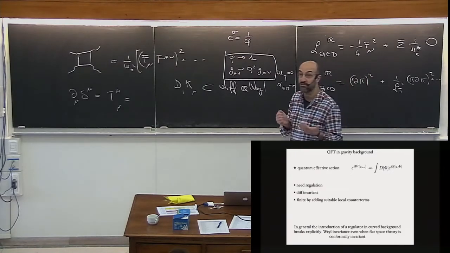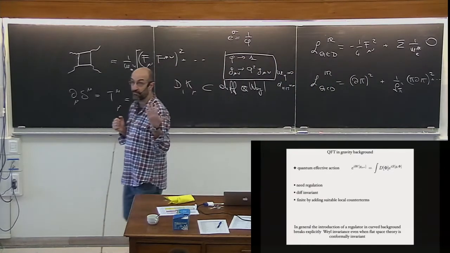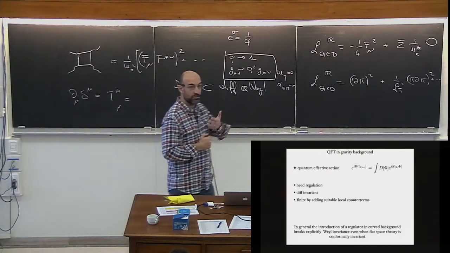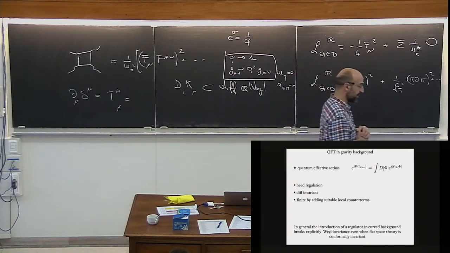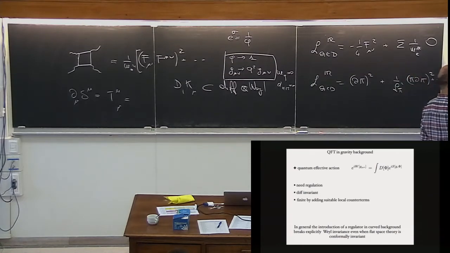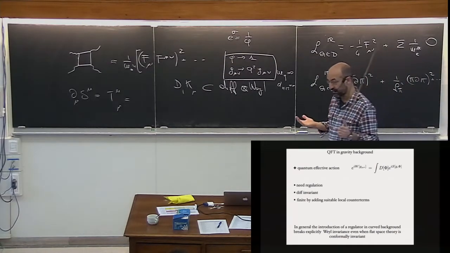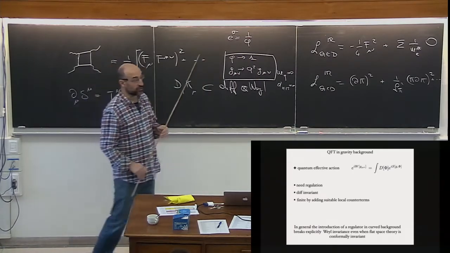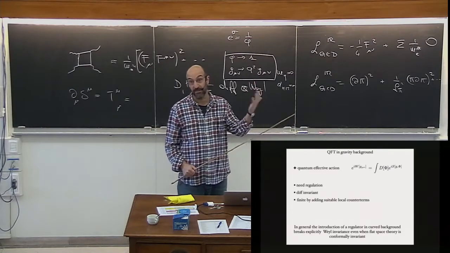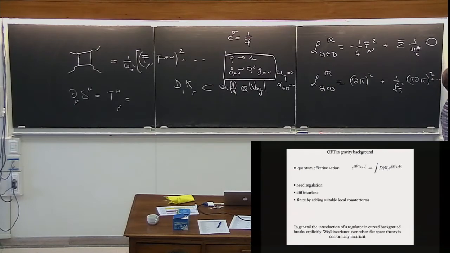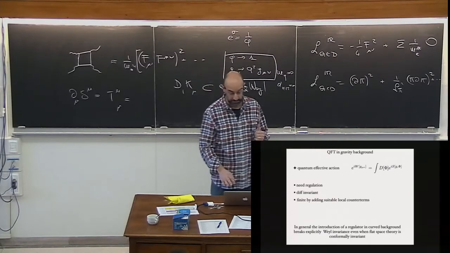You can also have divergences that are purely functions of your external background. You can form divergences with your dynamical fields, but also with your external background, and you have to renormalize all of them in order to have a finite action of the external source and of the couplings. In a sense, this external source is like a generalized coupling, a coupling that depends on position. Normally you want to make the path integral finite as a function of the couplings, and now you make it finite as a function of this position-dependent coupling.